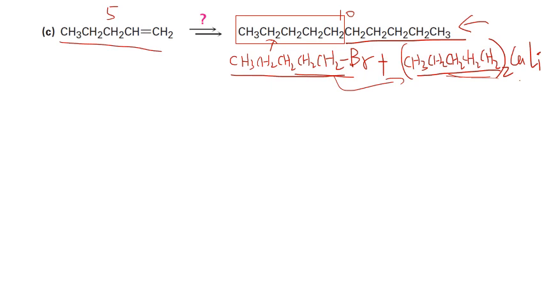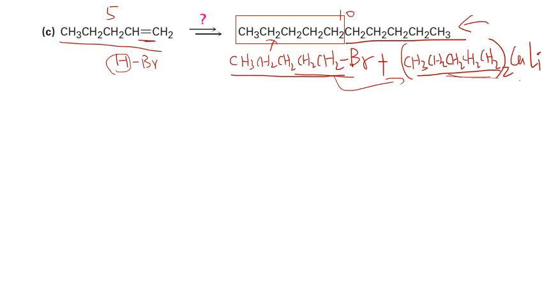Now in organic 1, you learned that a double bond can undergo electrophilic addition. For example, if you add hydrogen bromide, then you can make an alkyl halide. However, this reaction follows the Markovnikov rule. Markovnikov rule means the hydrogen will go to the carbon that has the most hydrogens.